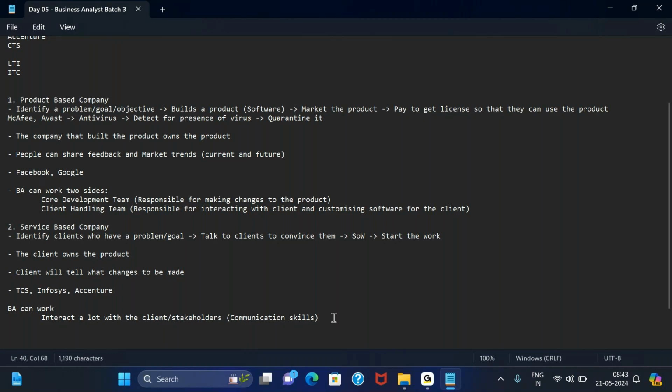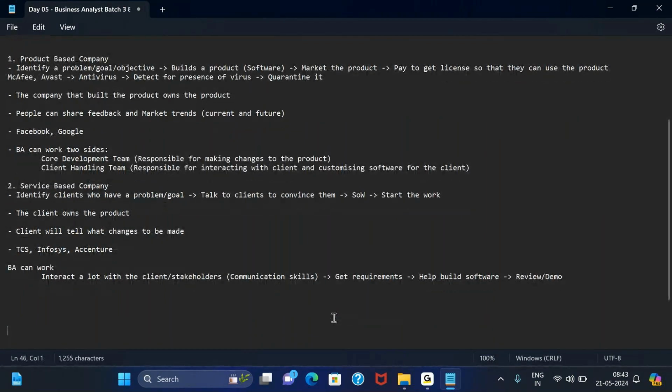So interact to get requirements. These requirements will help build the software, and then you review or give a demo to the client on what type of software you have built. Because unless they see it and approve it, there's no point in building the software.